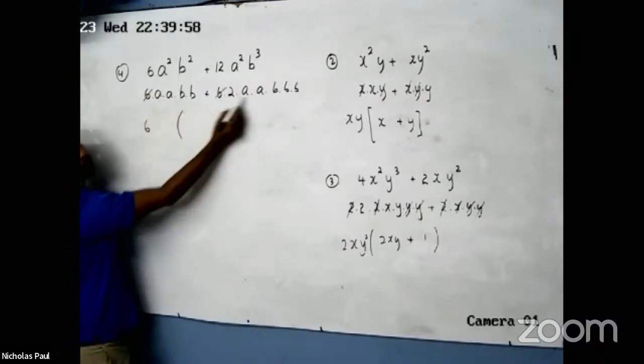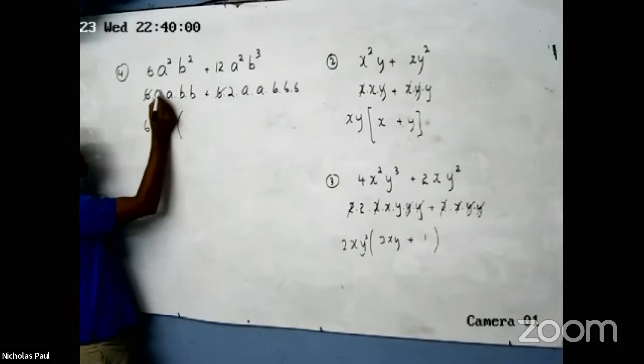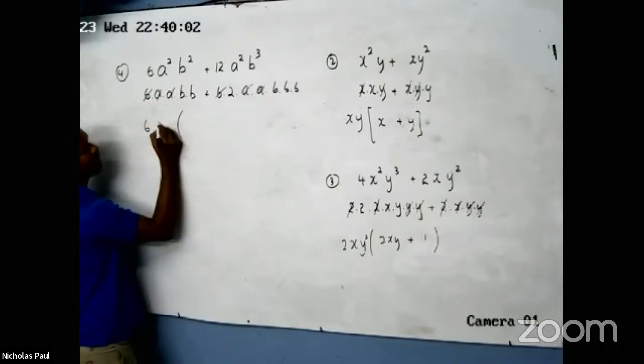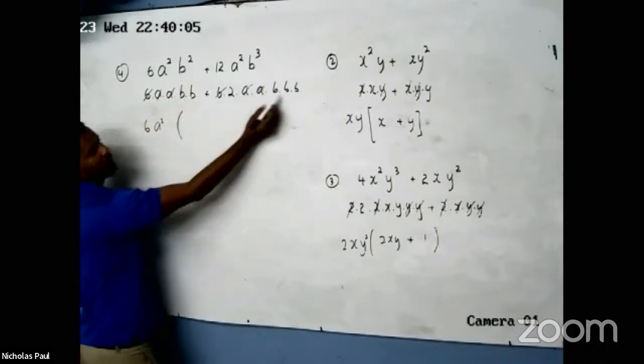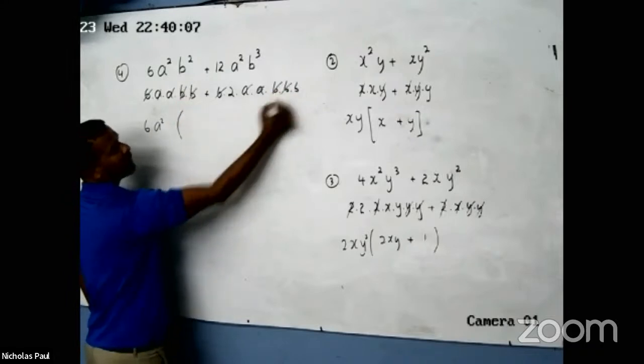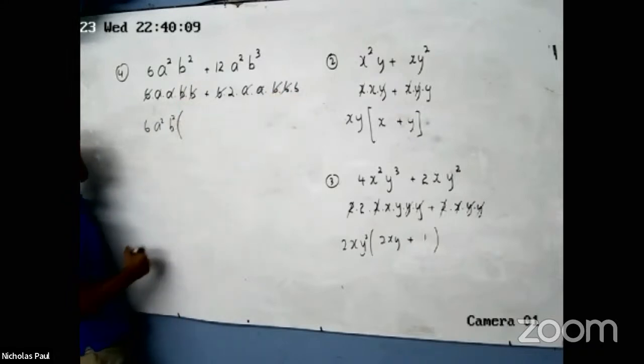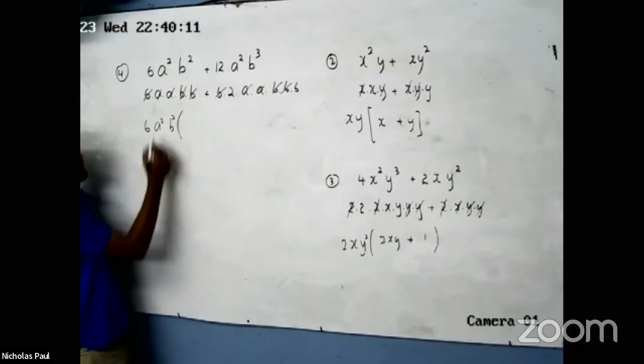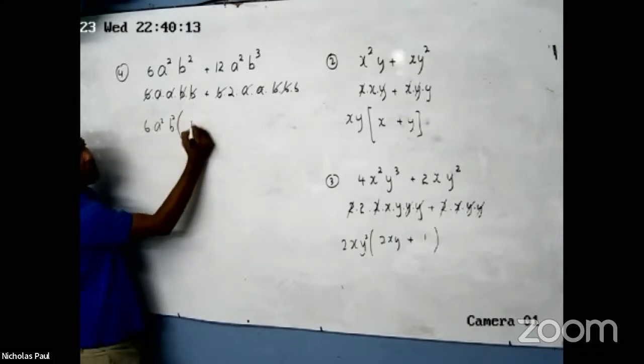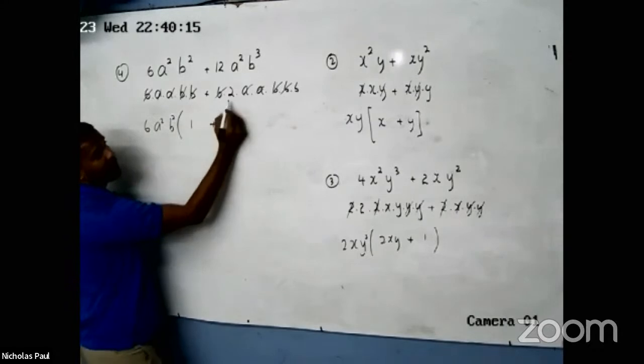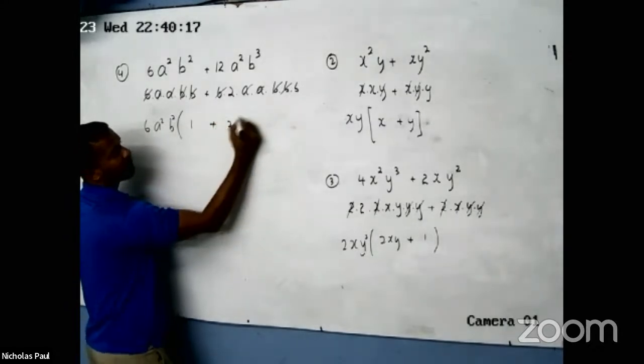And they both have 2 A's in common, so I can take off 2 A's. And they both have 2 B's in common, so that's B squared. What are you left with here? Everything cancels out, so that's 1. Here you're left with 2 by B.